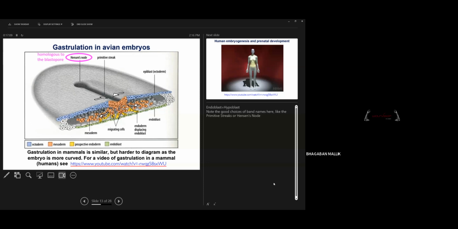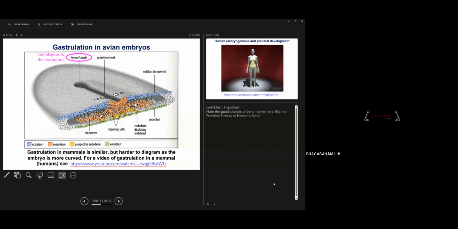You can see that there are different layers here. One is the epidermal layer, the epiblast, which is part of the epiderm. Then you have migration of cells, and that forms another layer called mesoderm.